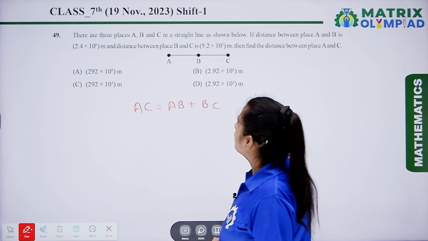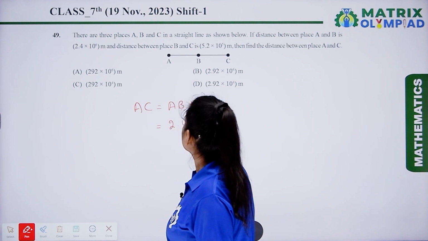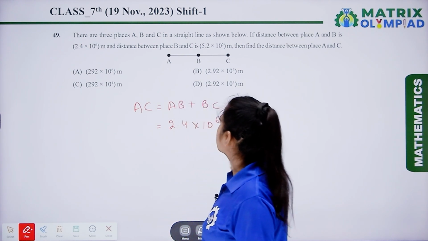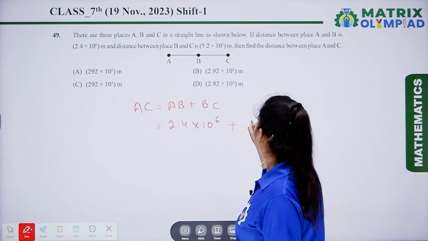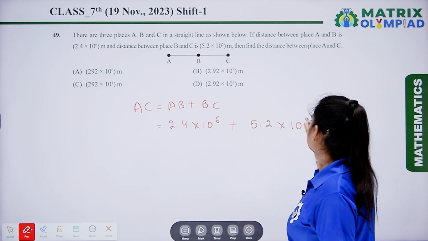BC. So here AB is 2.4 multiplied by 10 to the power 6 plus BC is 5.2 multiplied by 10 to the power 5.